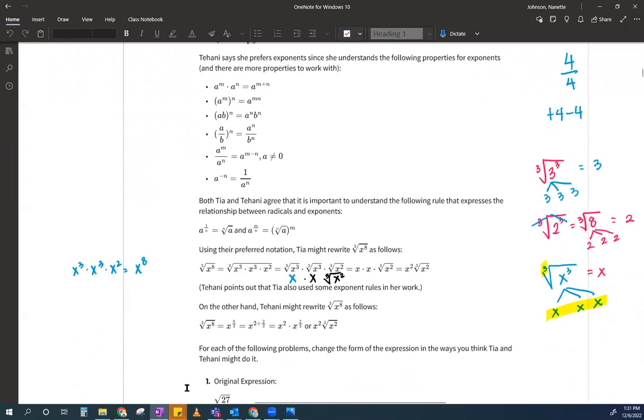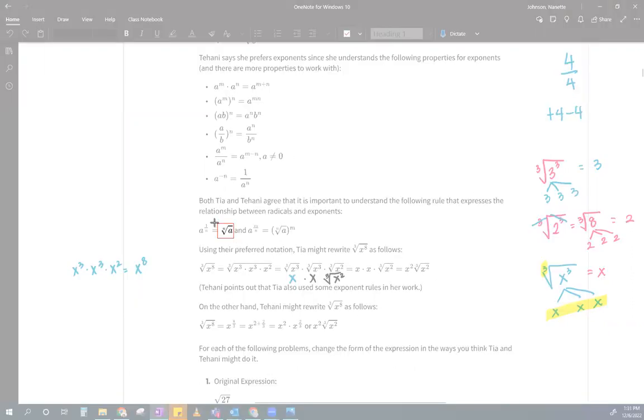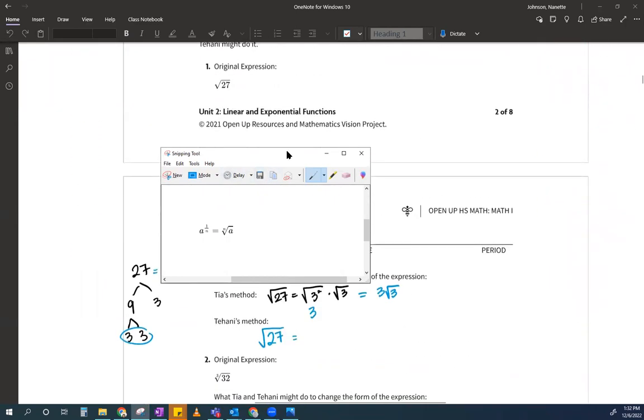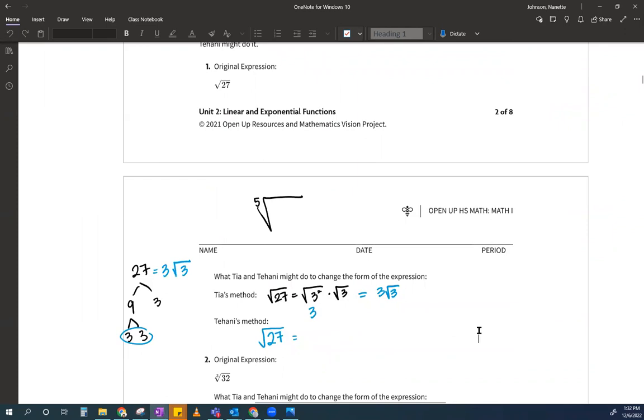Let me copy and paste that so that maybe you'll see it better. I'm going to use this definition.